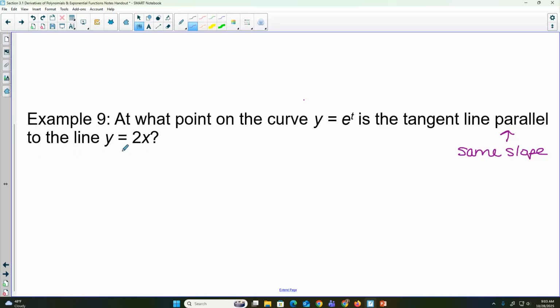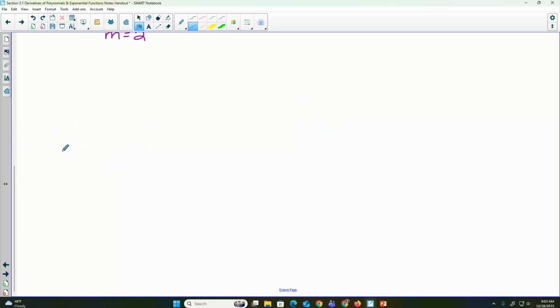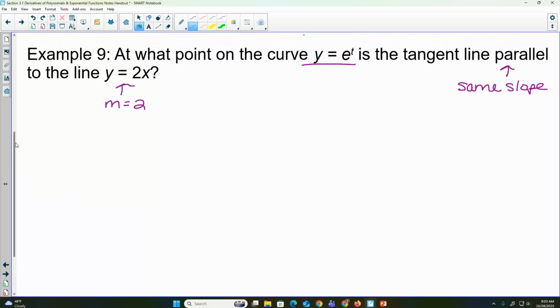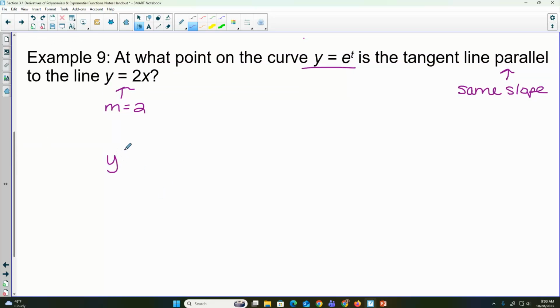What is the slope of this line? 2. So if the tangent line will be parallel, the tangent line has to have a slope of 2. Slope of the tangent line is our derivative. So we have to do the derivative. What's the derivative of e to the t power? So I need to know when that is equal to 2.